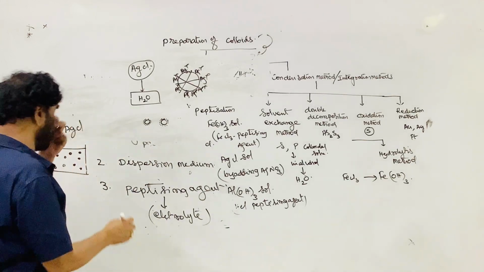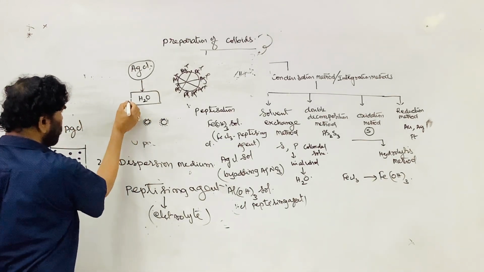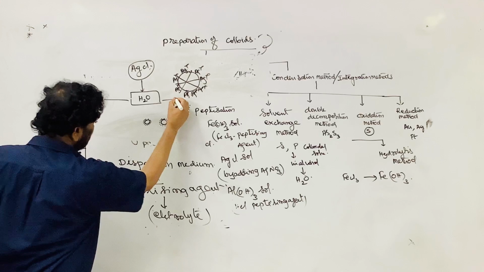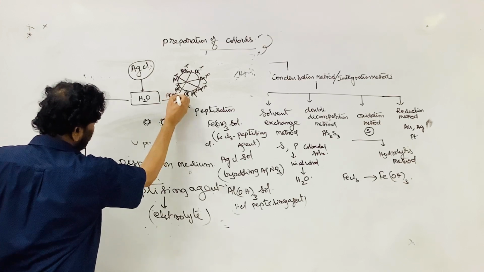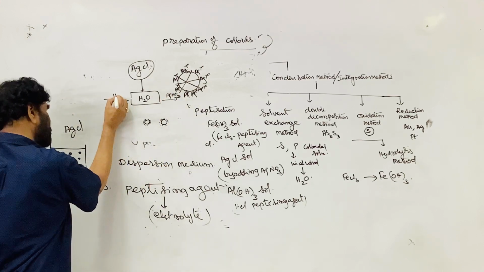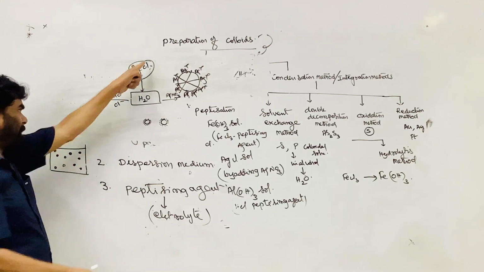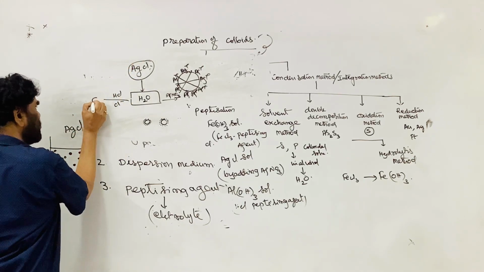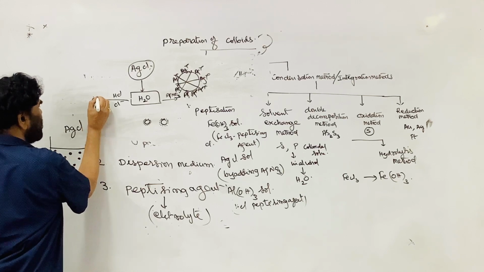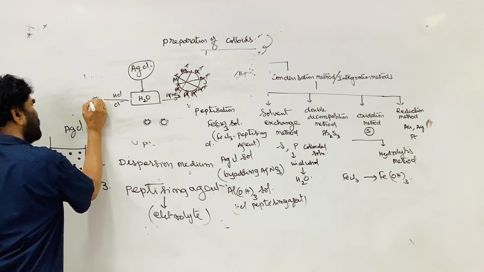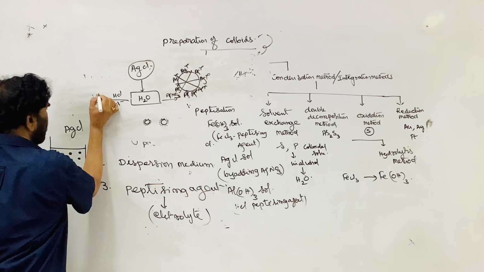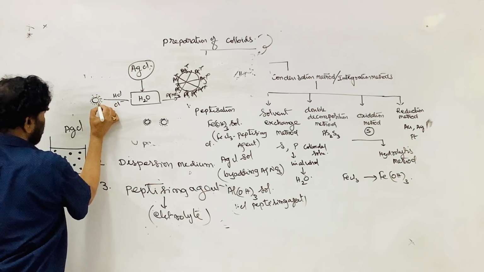So you may ask what to add to this system. You can add silver nitrate as peptizing agent. You can add HCl or sodium chloride, anything where chloride ion is the common ion. Then in that case also, this is the silver chloride, and the adsorbed ions are chloride ions, negatively charged.